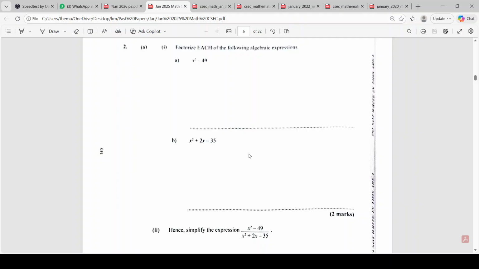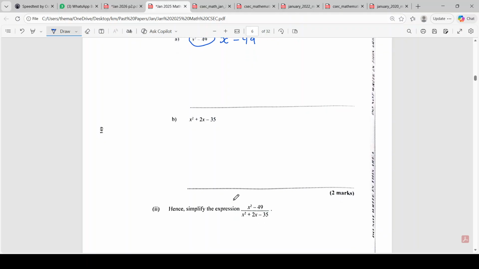So this first question is supposed to be x squared minus 49. You need to factorize this, then factorize this one, then they say hence simplify that.